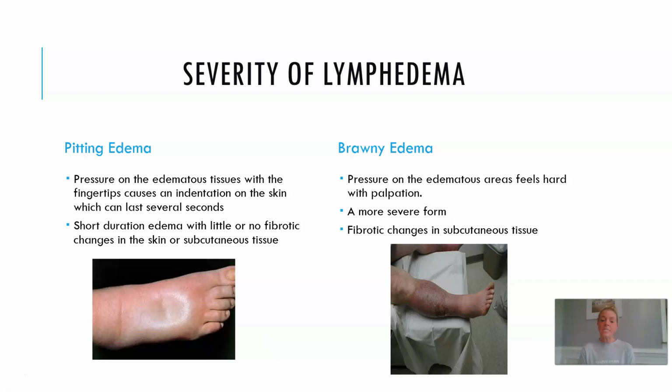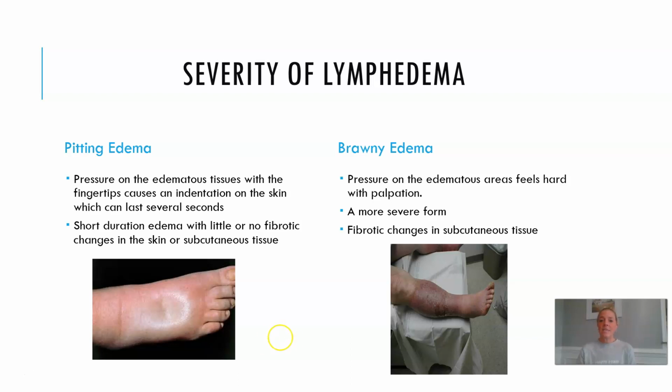This typically is not associated with fibrotic changes just yet. But it's a pretty significant type of edema, right? So you can actually stick your finger or thumb into that, and that fingerprint remains there for several seconds, where usually as you just press on normal tissue, it sort of springs right back.